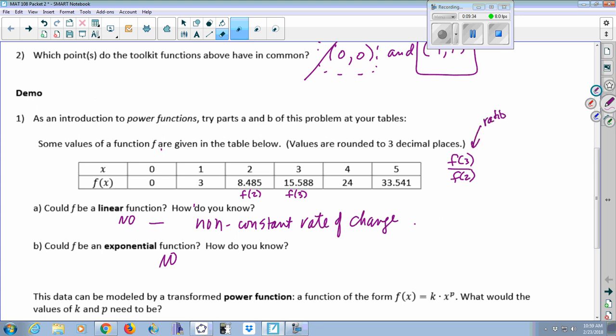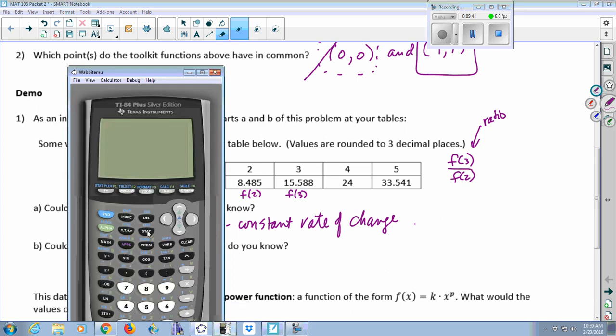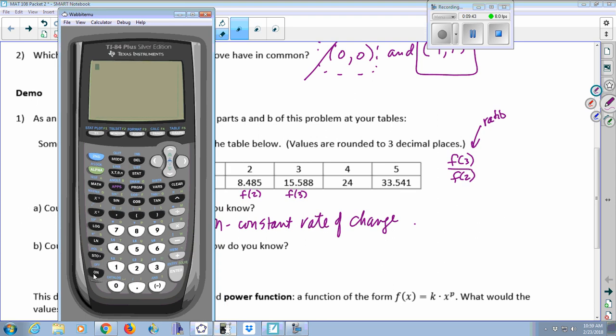So let's see what I get when I divide that ratio. Let's see, we got 15.588 divided by 8.485, approximately 1.837124. I'm just going to write it here approximately.